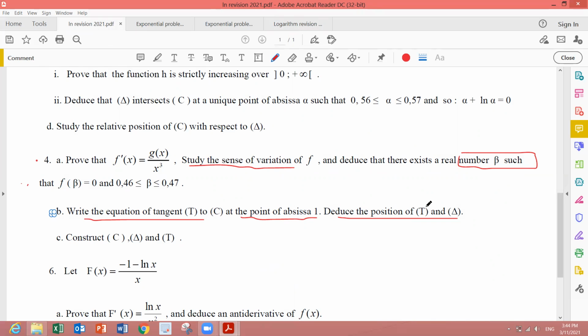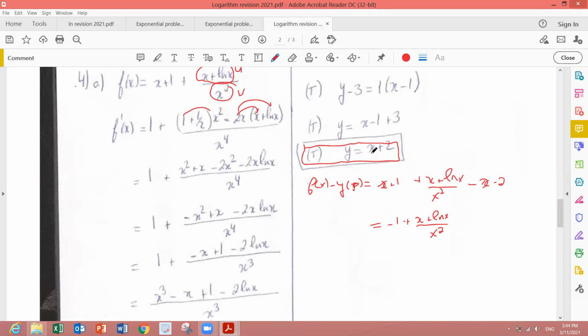We need the position between T and delta, not between T and C. Here it is not required. Position between T and delta: since T and delta have the same slope, we say that they are parallel.